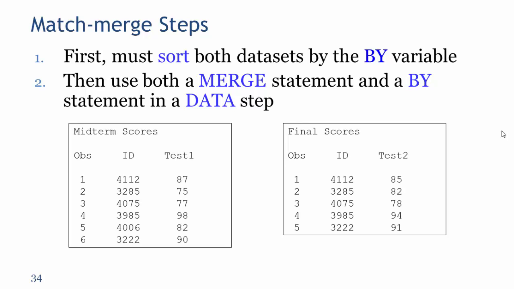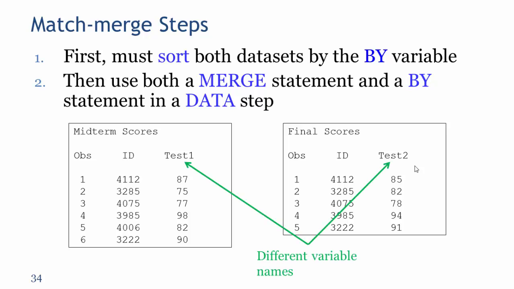So here's an example. We have two datasets. One is for the midterm scores and the other is for the final scores. In the midterm scores dataset, we have two variables, ID and test1, and the final scores dataset has two variables, ID and test2. Notice that the datasets are not of the same dimension. One dataset has more observations than the other.